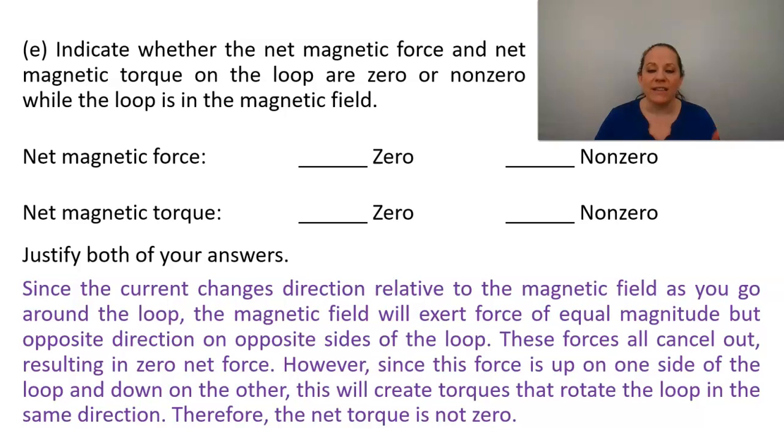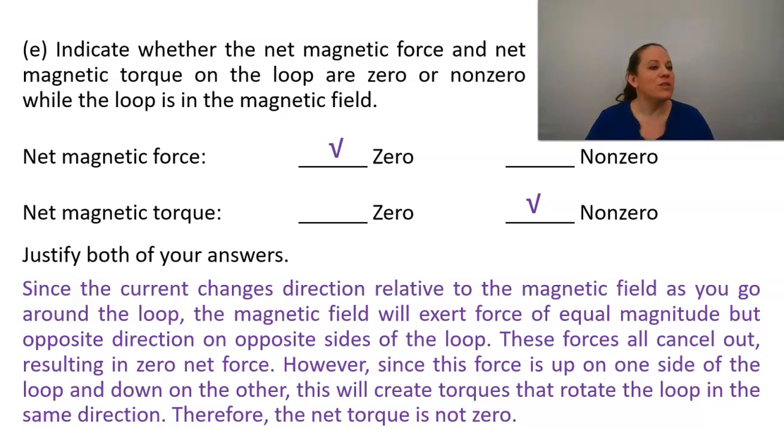These forces all cancel out, resulting in 0 net force. However, since this force is up on one side of the loop and down on the other, this will create torques that rotate the loop in the same direction. Therefore, the net torque is not 0.